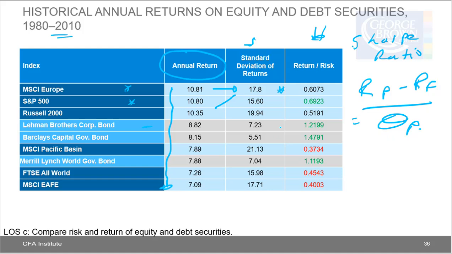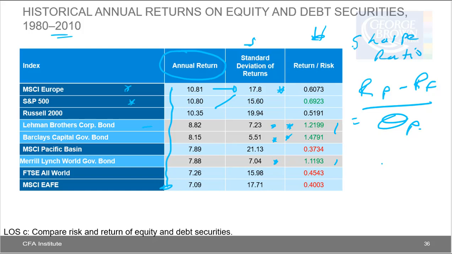Okay, so you can see here that the bonds have a good return to risk ratio, mostly because the standard deviation of returns is lower, and we learned that bonds have a lower risk, lower standard deviation of returns. So relative to the returns, they're fairly efficient.